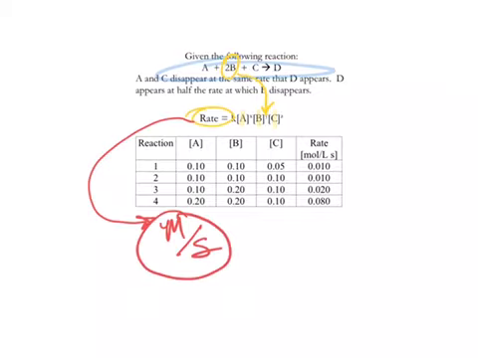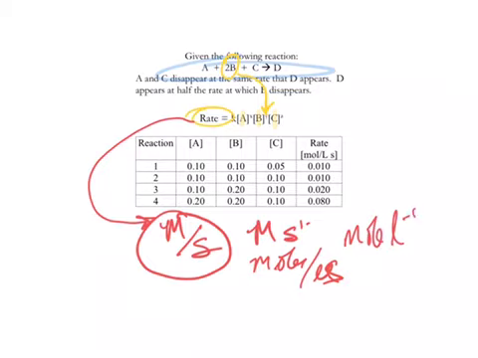Sometimes you're going to see this written differently: molarity S to the negative 1, or moles per liter seconds, or moles, liters to the negative 1, S to the negative 1. That's rare. Most of the time, it's going to be molarity per second. I'm going to work off the idea that this is going to be molarity per second, which is going to be huge, okay?